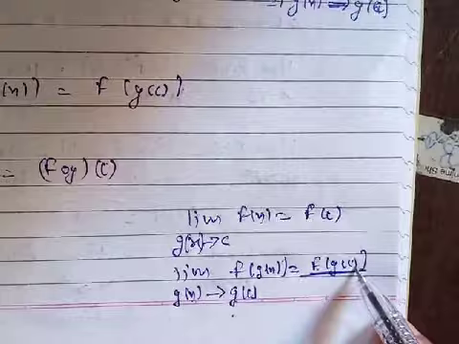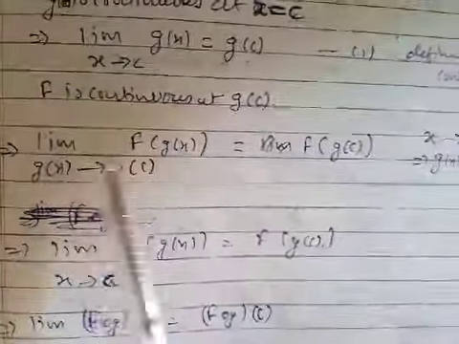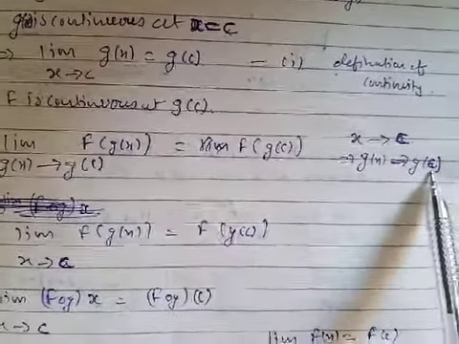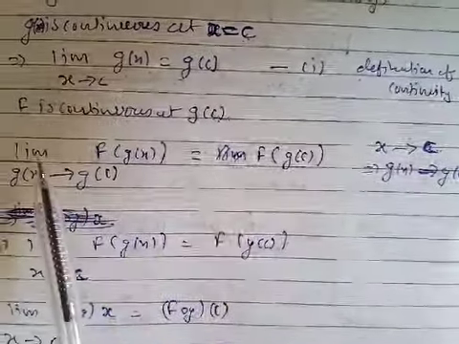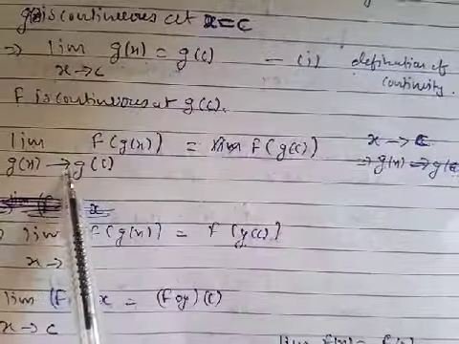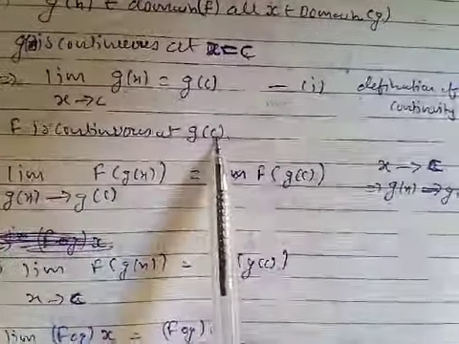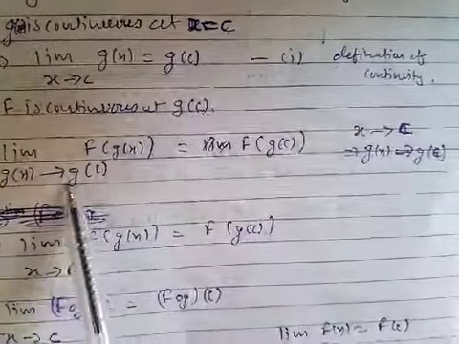Got it? So here, because x tends to c, then g of x tends to g of c. So according to the definition, in place of the limit g of x tends to g of c, because the function is continuous, we can write g of c.